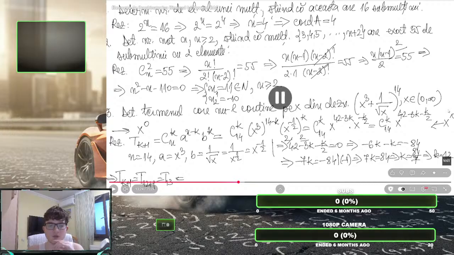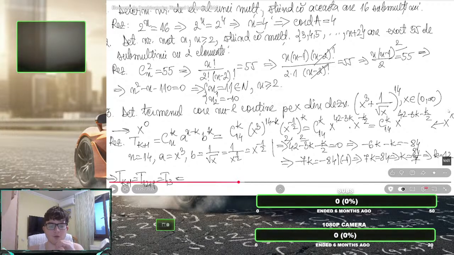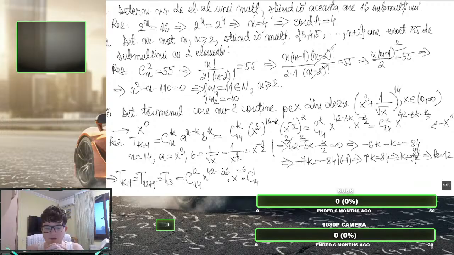And now we just solve the term, just the combination. So basically we write C14k. Basically we need C14 of 12, and in terms of x, the x itself remains, but we just write down what we have there, so we don't go to the very beginning.